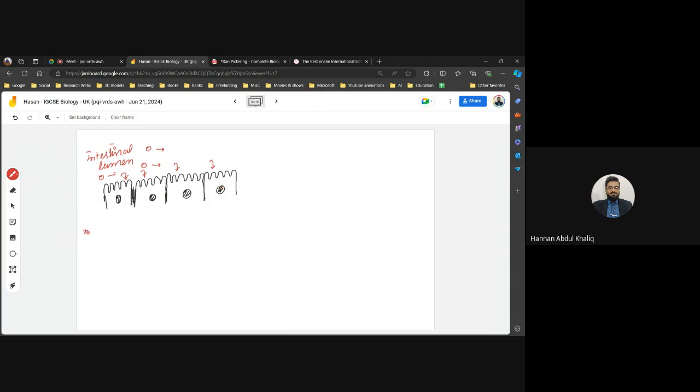Like the monosaccharides would be absorbed, then amino acids, also the monoglycerides and fatty acids. Similarly, minerals all would be absorbed.